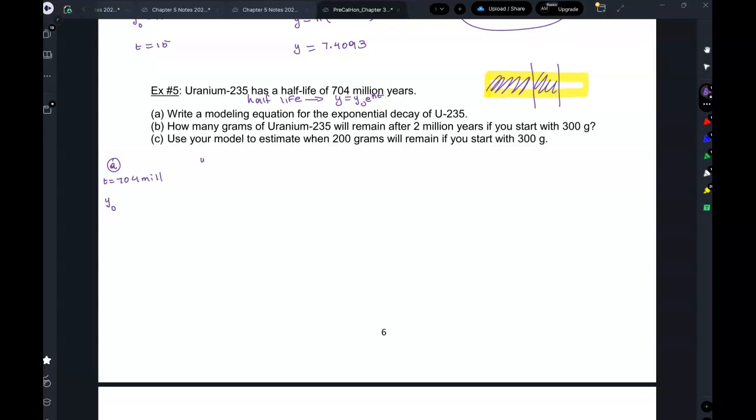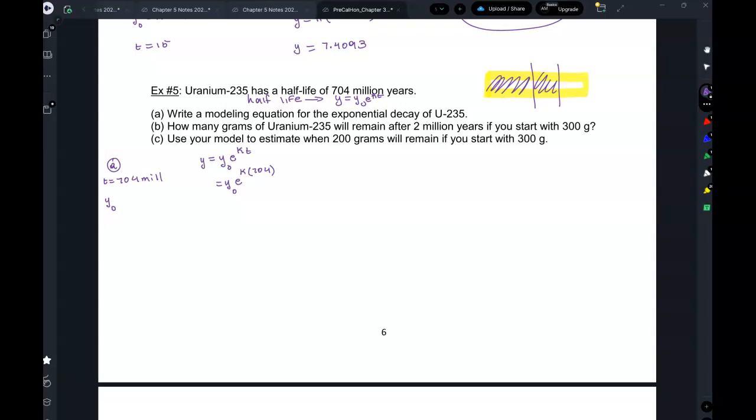So here is the equation. Y equals y naught e to the kt. So when we start, we have y naught e to the k, and t is 704 million years. Now, after 704 million years have passed, how much of the stuff will remain?